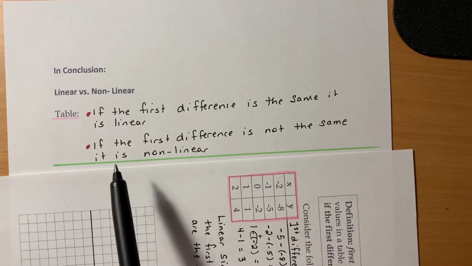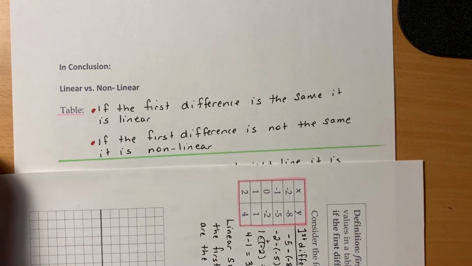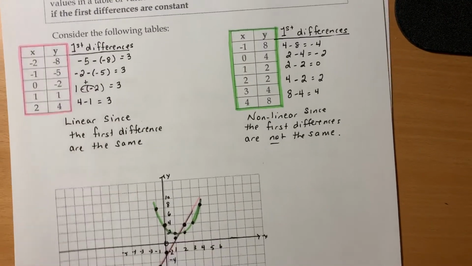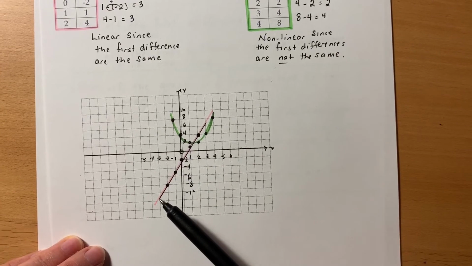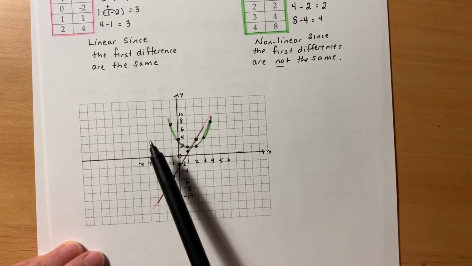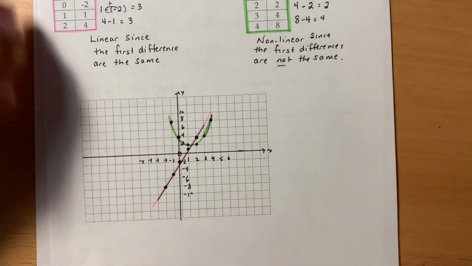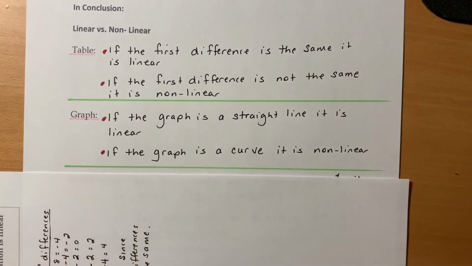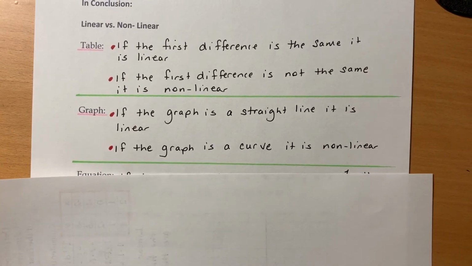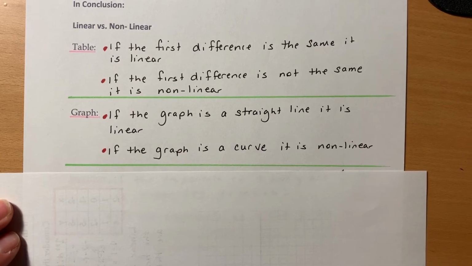Not the same, nonlinear. What if I gave you just a graph? You'd say, if I have a straight line, I have something that's linear. If I have something that curves, I have something that is nonlinear. So if the graph is a straight line, it is linear. If the graph is a curve, nonlinear.